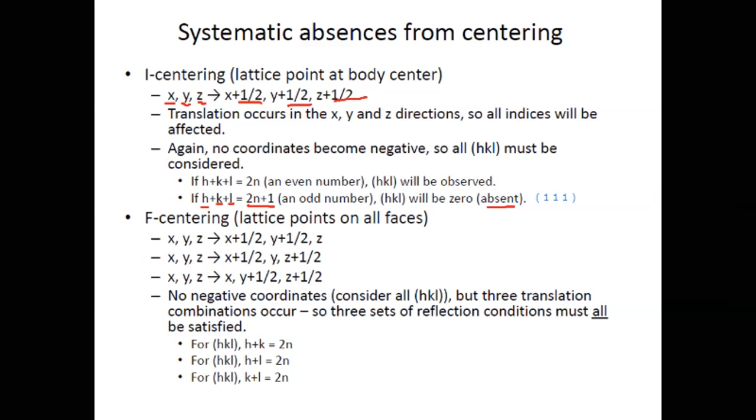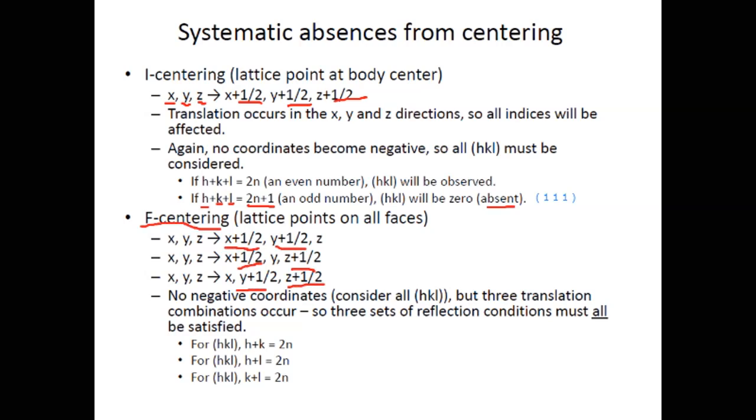Now with F centering, here we're translating along all the different faces of the crystal. So we have X plus a half, Y plus a half, and then X plus a half, Z plus a half, and then Y plus a half, Z plus a half.